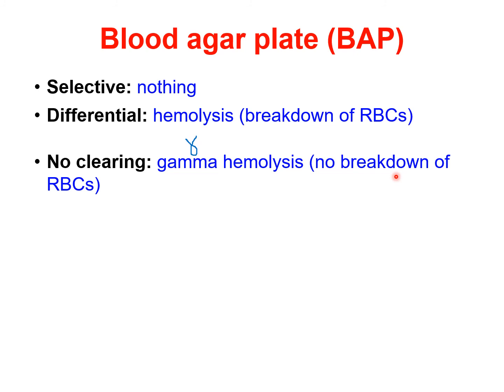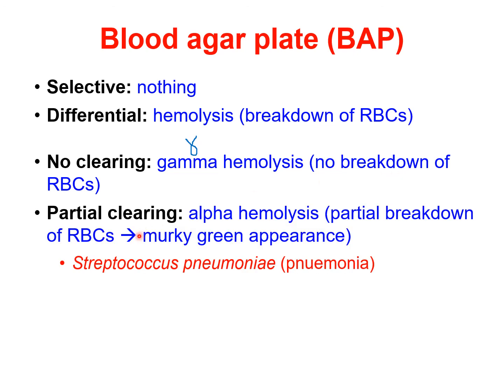They're still going to be able to grow, they're just not capable of breaking down the red blood cells, so we call this gamma hemolysis. There's also partial hemolysis, which is called alpha, and this is the symbol for alpha. Alpha hemolysis just means the bacteria are capable of breaking down red blood cells, but only partially. How are we going to know whether it's alpha hemolysis or gamma?